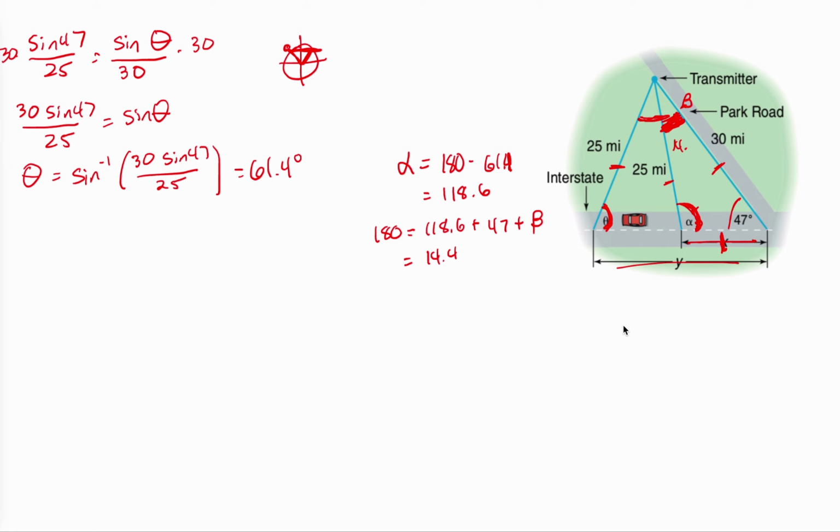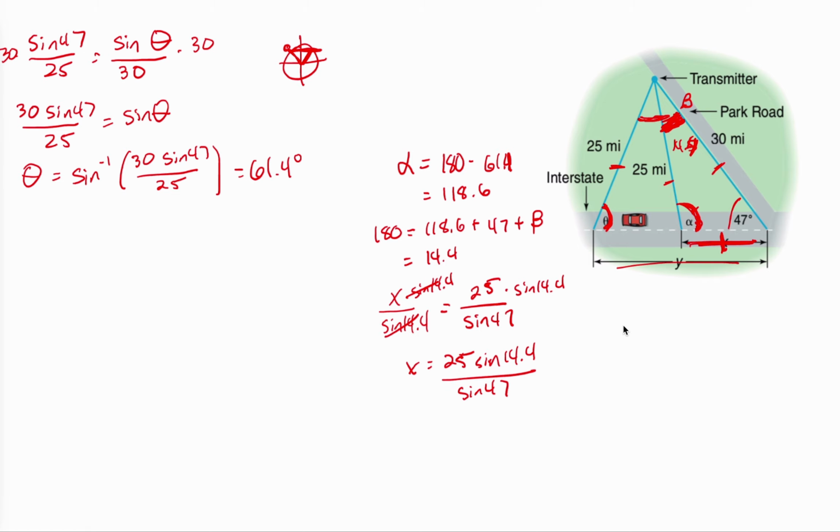Okay, so this angle is 14.4. And then we can find x using our law of sines again. So x over sine 14.4 equals 25 over sine 47. Multiply by sine 14.4, x equals 25 sine 14.4 over sine 47, which is 8.47. So this side here, x, is 8.47.